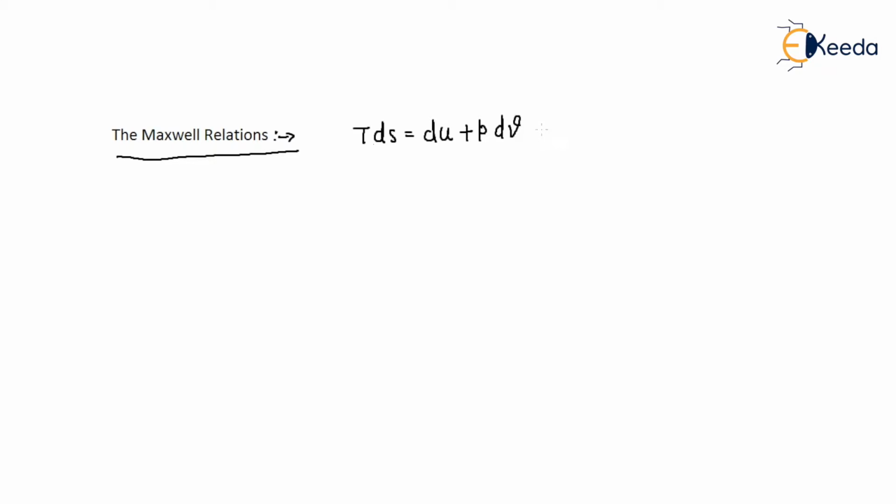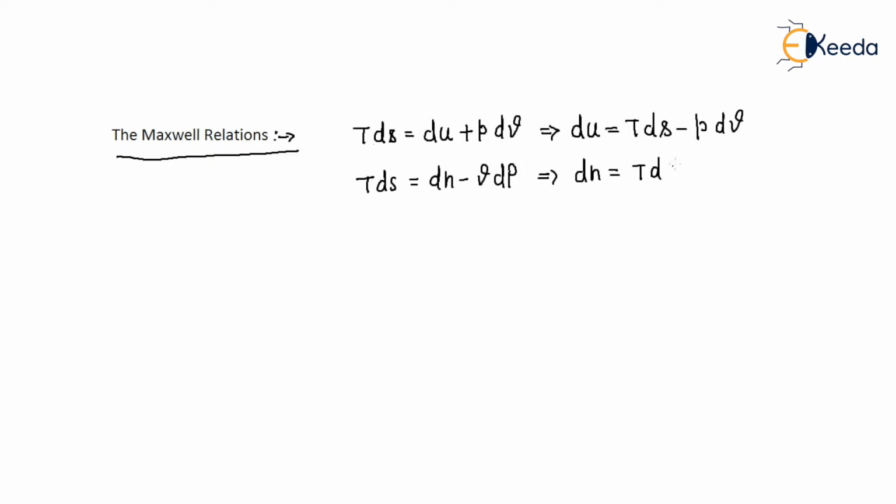So du is tds minus pdv. This is the first equation. What is the second? tds is equal to dh minus vdp, so dh is tds plus vdp.